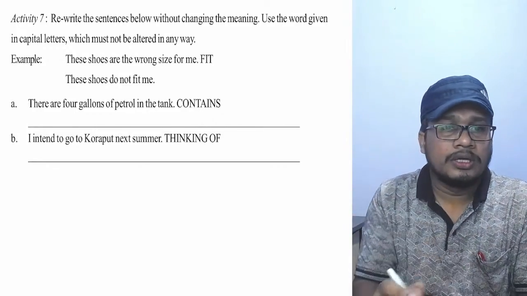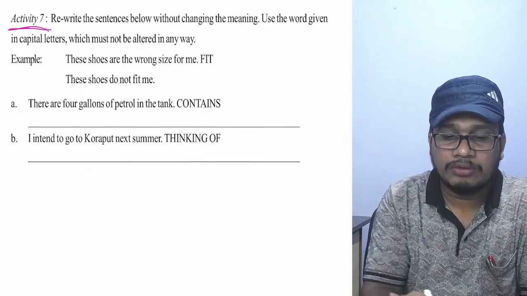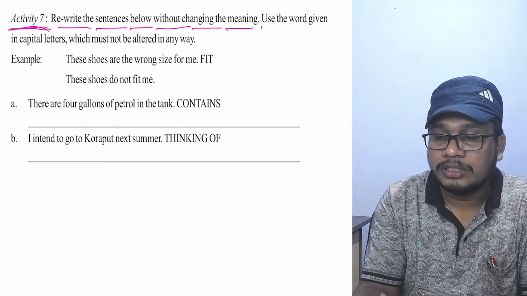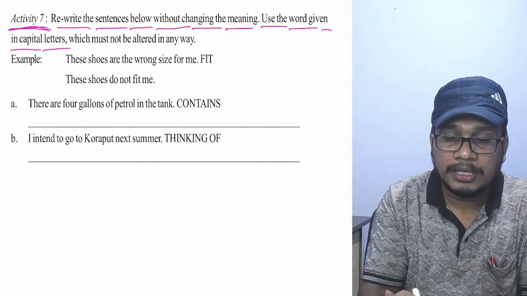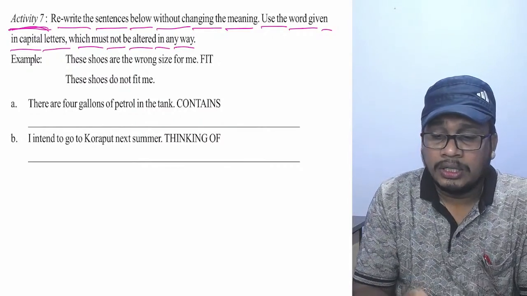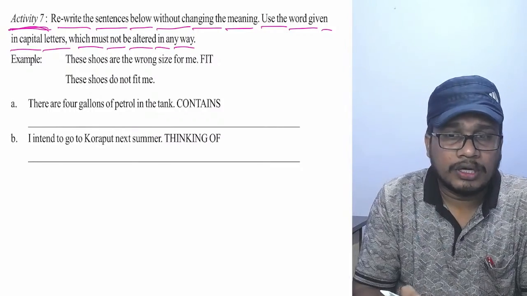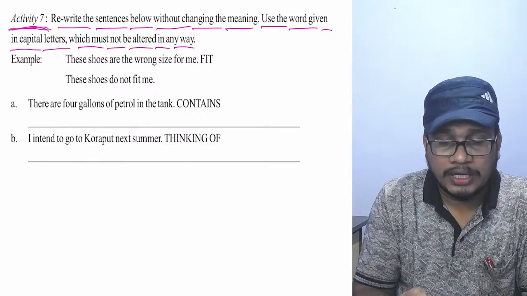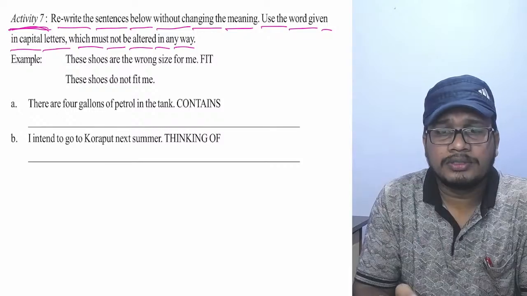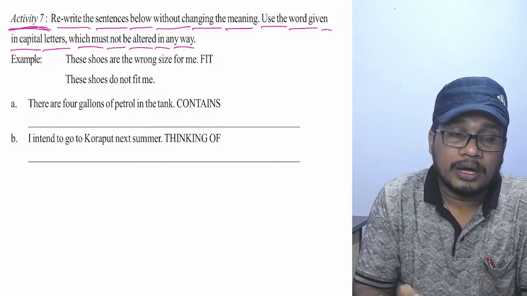Coming to activity 7. Now see, rewrite these sentences below without changing the meaning. Use the word given in capital letters, which must not be altered in any way. So here a set of words in capital letters are given, and we have to use those words in our sentence without changing the meaning.